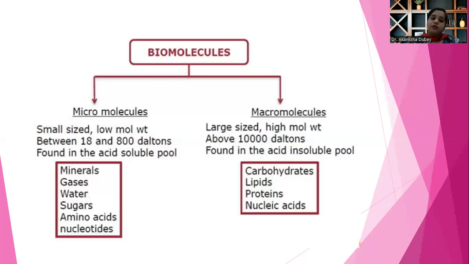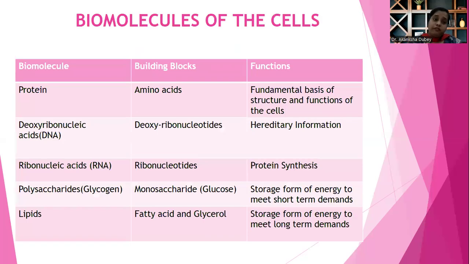Now, as examples given earlier, micromolecules include minerals, gases, water, sugars, amino acids, and nucleotides, whereas carbohydrates, lipids, proteins, and nucleic acids are part of macromolecules. Next, talking of the functions of biomolecules.